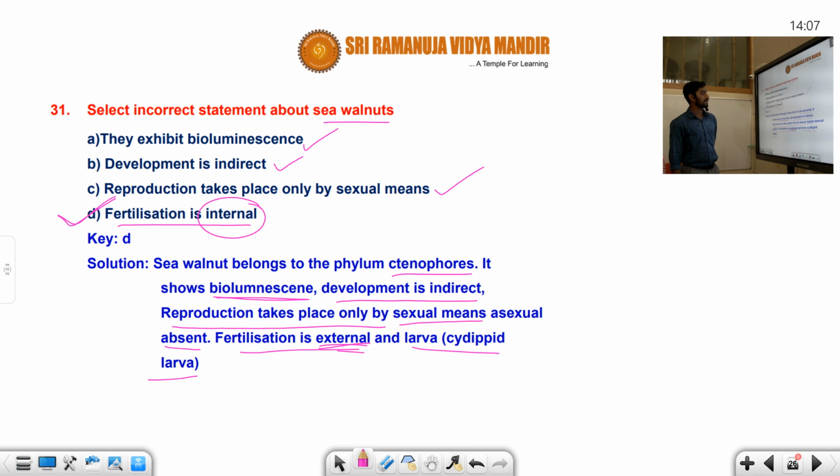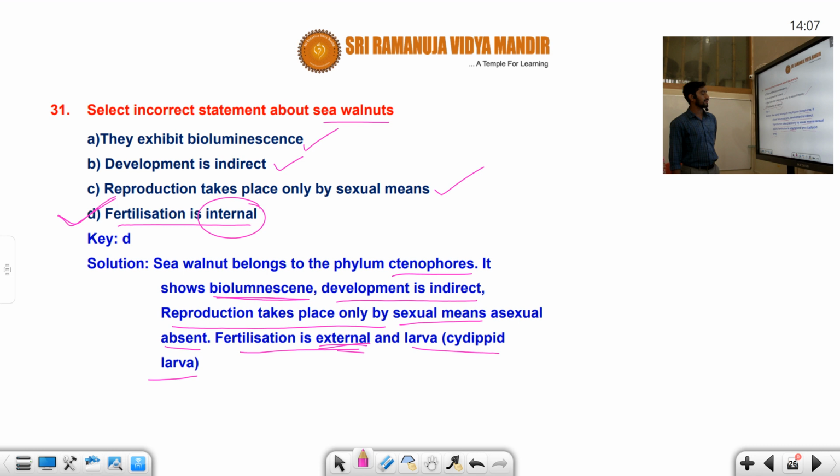Next, parasitic adaptation in Platyhelminthes includes all except what they are asking now. Parasitic adaptations cause the parasitic condition and diseases. The presence of parasitic hooks and suckers is correct, and absorption of food through the body surface is also correct.